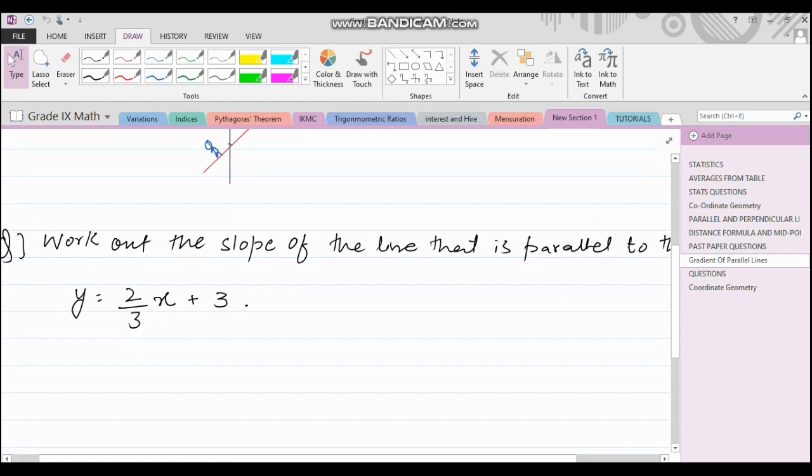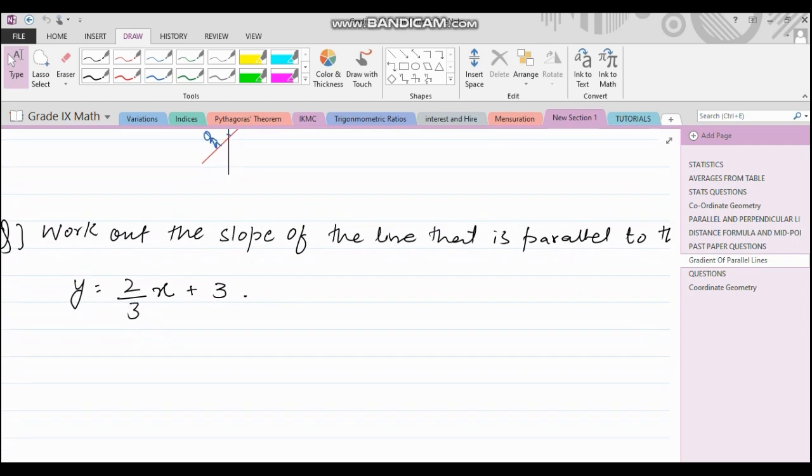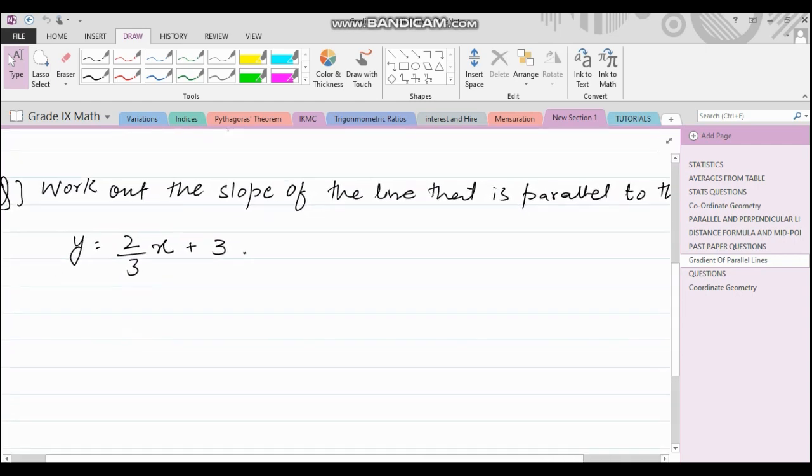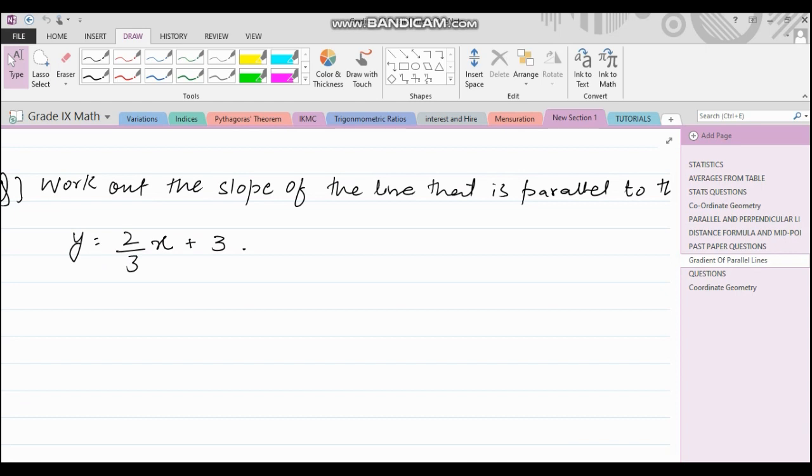There's a question in front of me. It says work out the slope of the line that is parallel to the line y equals 2 upon 3x plus 3. This is a certain line, and there is another line that is parallel to this line. So if they are parallel, then we could use the condition of m1 is equal to m2. Since they are parallel, they'll have equal slopes.